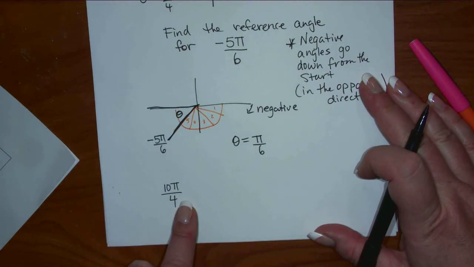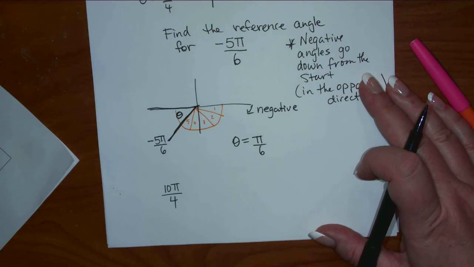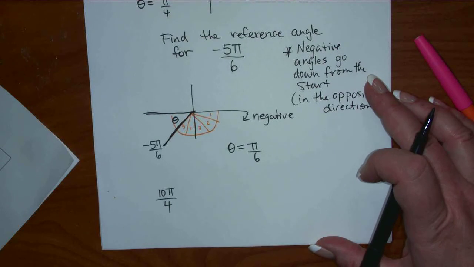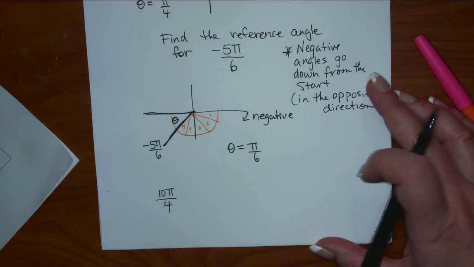So when I draw it, the reference angle won't be pi over 4, because it's not reduced. You have to actually look at what it is, or reduce the fraction, then you'll know what the reference angle is. Would it just keep going past 360? Yeah, you can. So I'll show you one of those next.